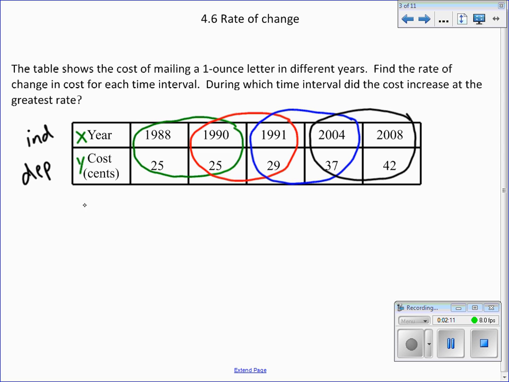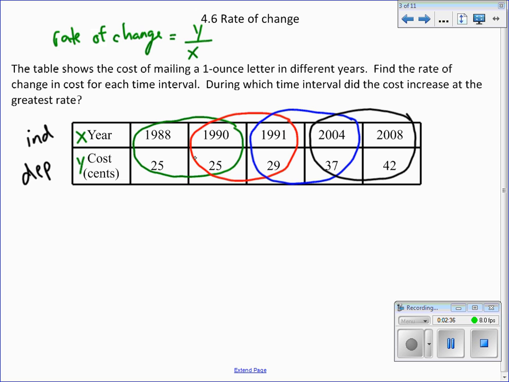Let's start with from 1988 to 1990. Now to find the rate of change, remember, it's going to be the differences in our y's over the differences in our x's. So if this is our y's, we're going to take the difference of these two, which means subtract.